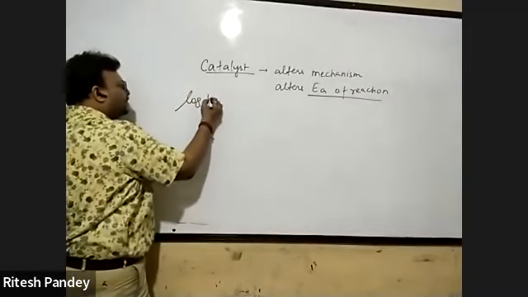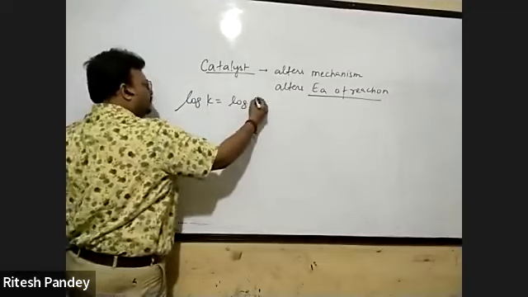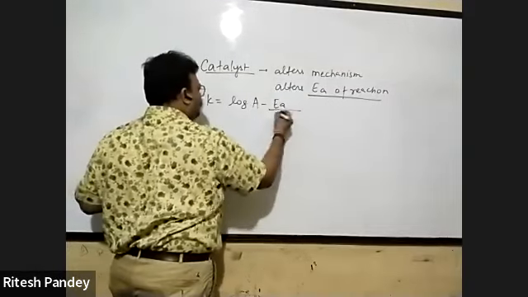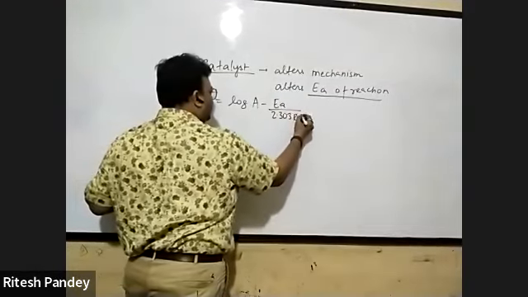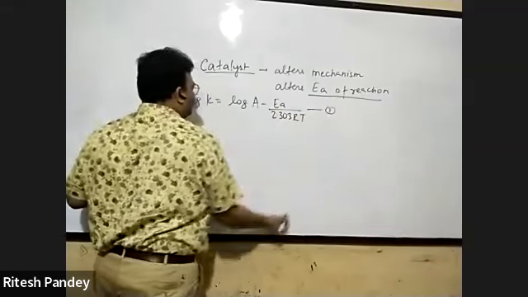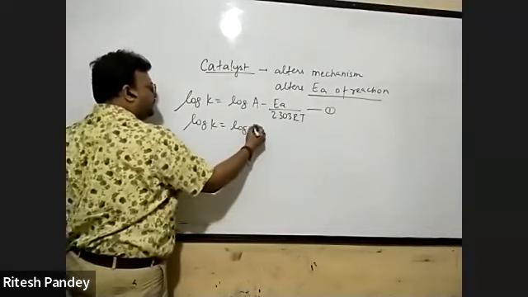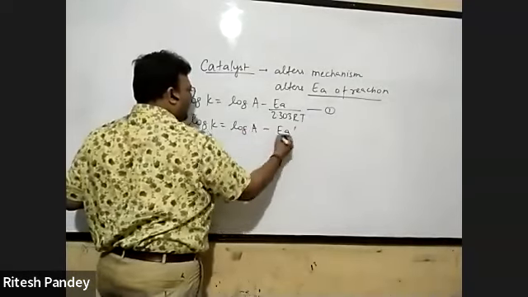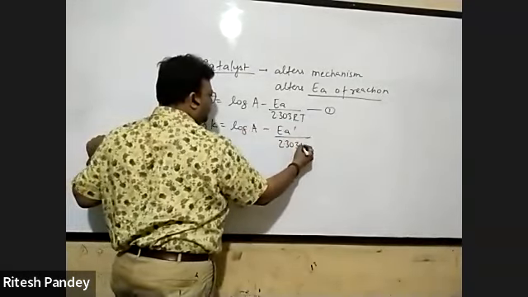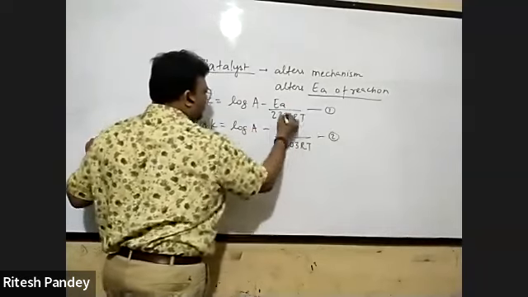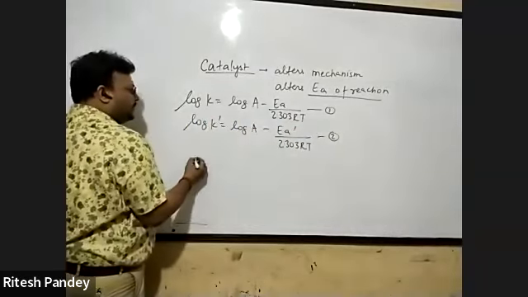So if I go back to log K is equal to log A minus EA upon 2.303 RT, without changing the temperature, if I change the mechanism and the activation energy of the process, naturally if EA becomes EA prime, K will become K prime.